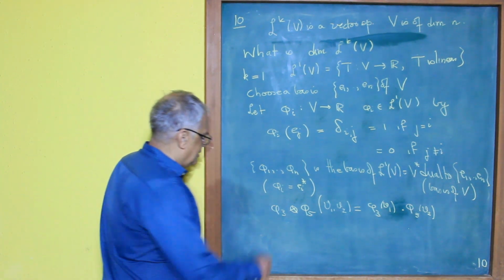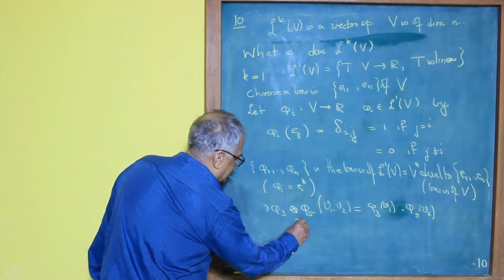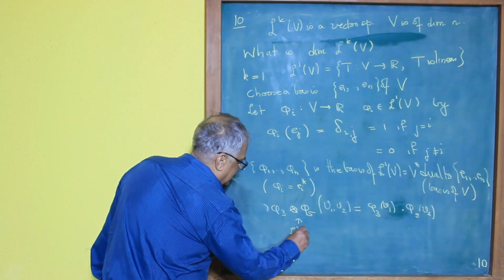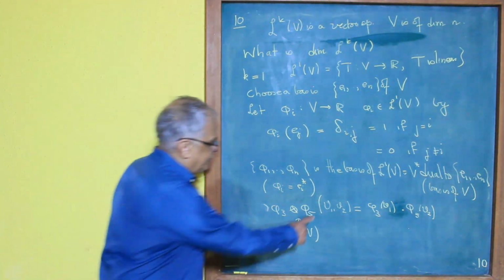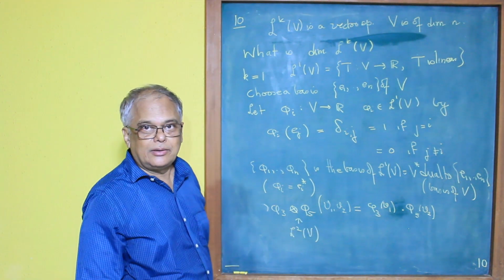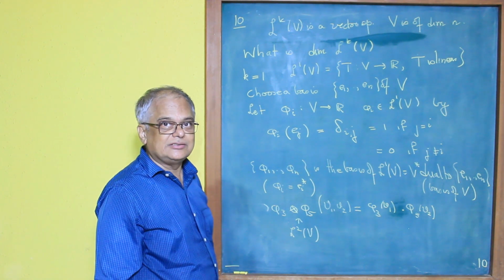Then this quantity is an element in L_2(V), because it is a map from V cross V to R, and it is linear in v_1 and linear in v_2.